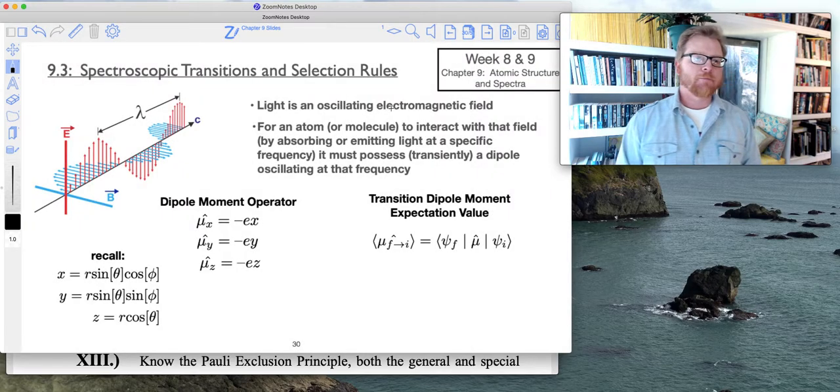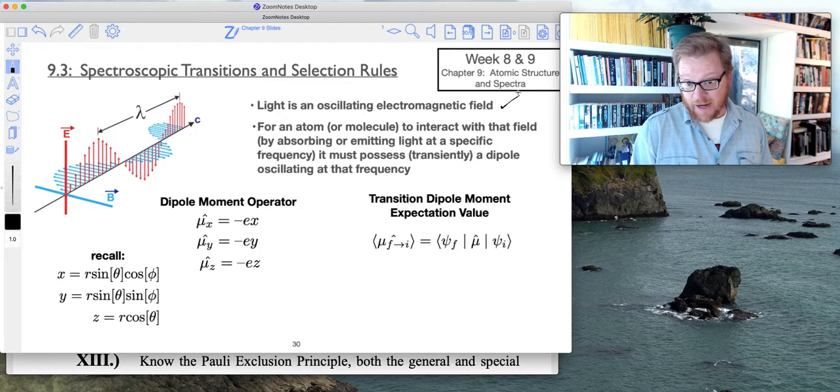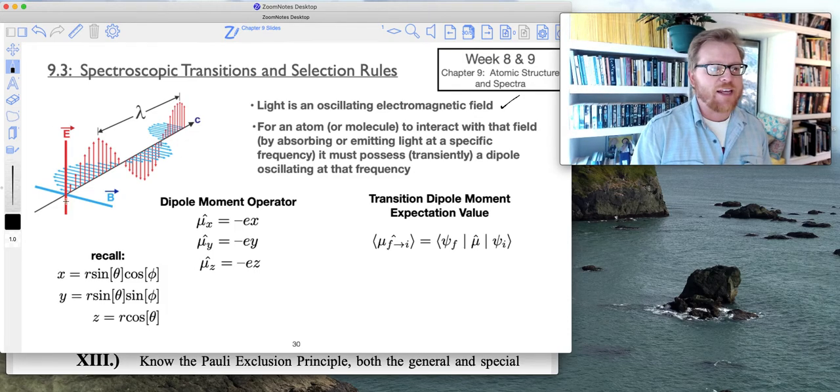Next. All right. So as a reminder, light is an oscillating electromagnetic field, right? So here is our lovely picture of light, where we have the oscillating electric field going up and down, and then perpendicular to that, we have an oscillating magnetic field.